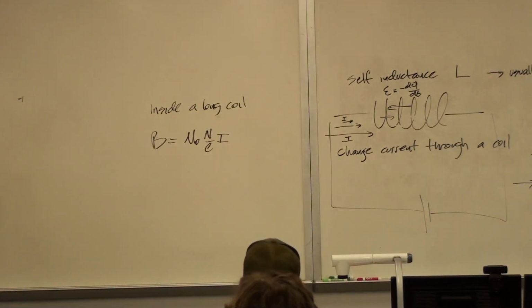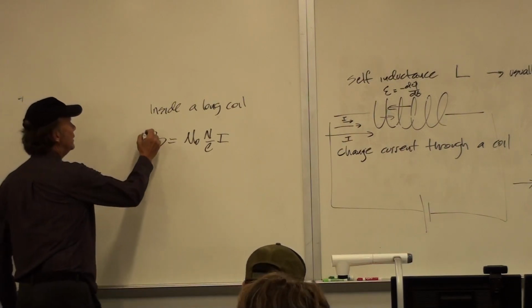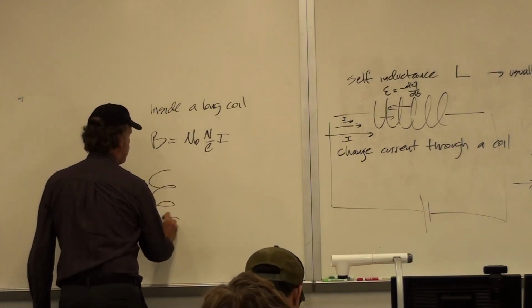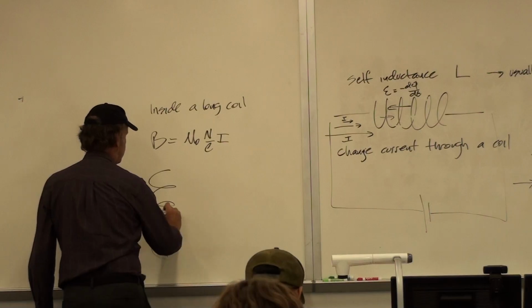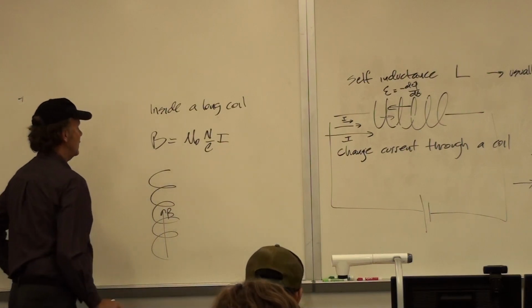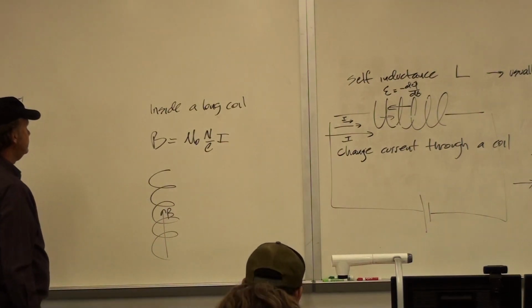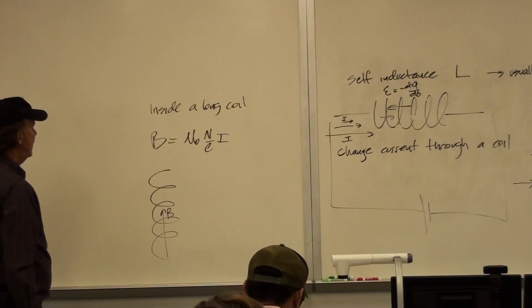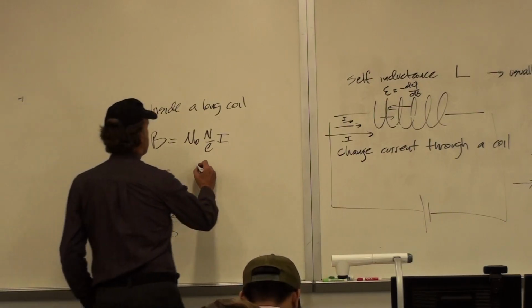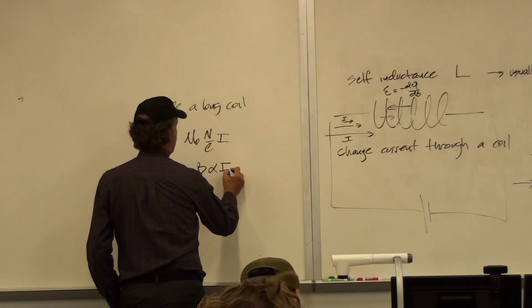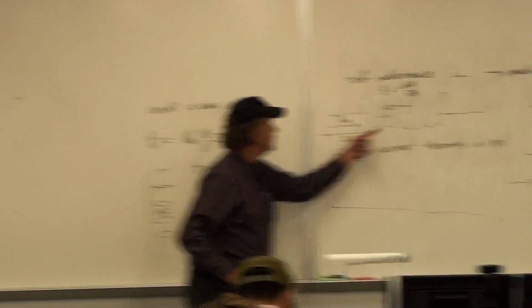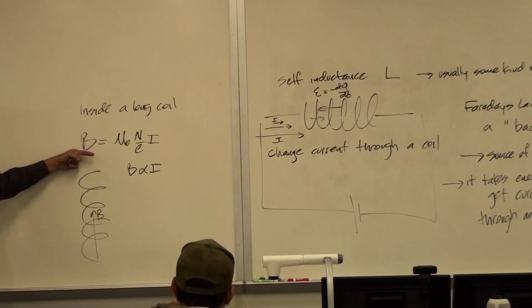Okay, so that means that the magnetic field through the solenoid, through the long coil, B, is constant, and it's proportional to I. So as I increases, B increases.